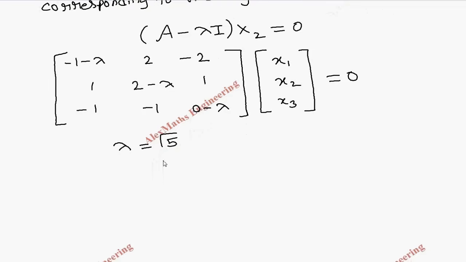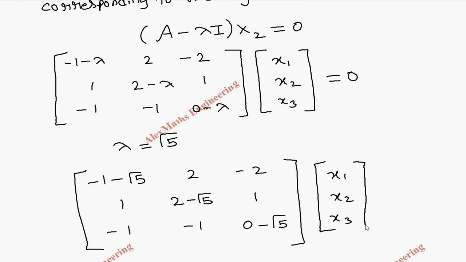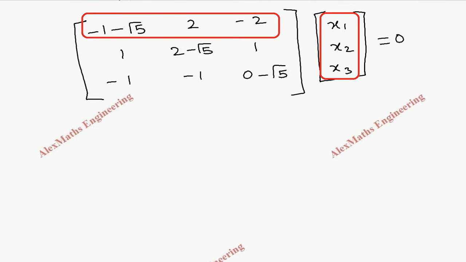So the first row will be minus 1 minus root 5, 2, minus 2; then 1, 2 minus root 5, 1; then minus 1, minus 1, 0 minus root 5. So we have this matrix and we have to multiply this with x1, x2, x3 and equate to 0. Now we take the first row and multiply the corresponding elements of the column.